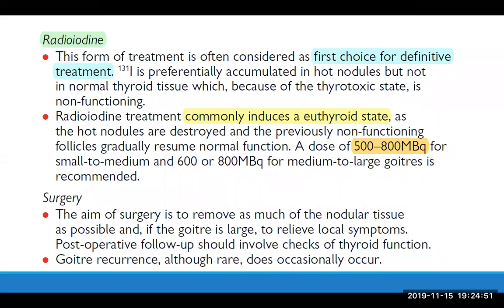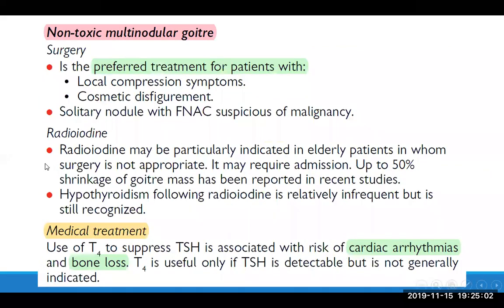Of course, surgery for removal of the toxic nodule or the whole thyroid is another modality for treatment of toxic adenoma. In non-toxic multinodular goiter, surgery is the preferred treatment in a patient with local compression or cosmetic disfigurement. For a solitary nodule with fine needle aspiration suspicious of malignancy, we can refer for surgery to do lobectomy or total thyroidectomy according to the ultrasonographic risk stratification.